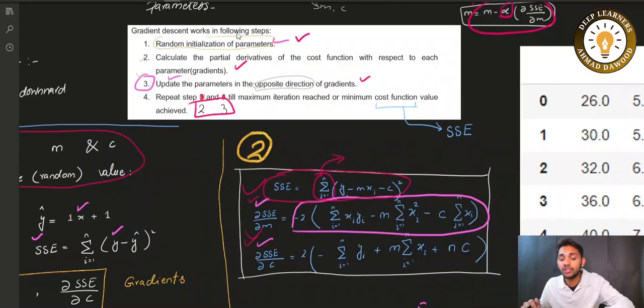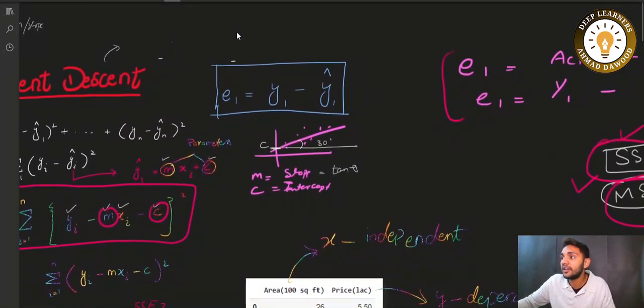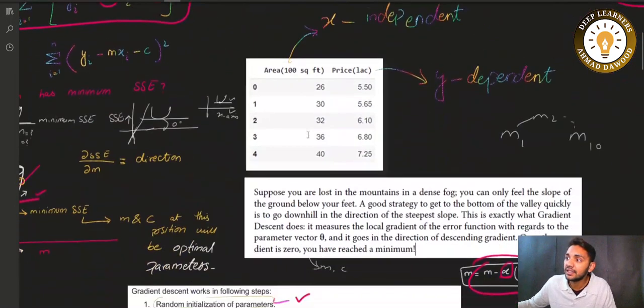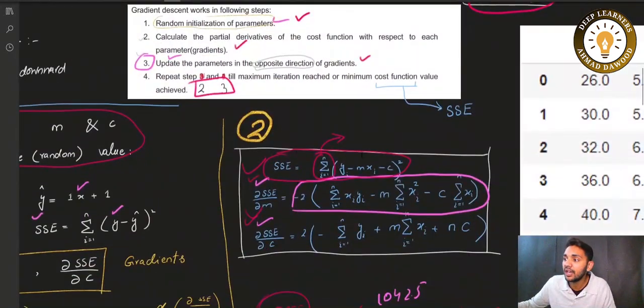But what stochastic gradient descent tells us is to just use one sample in one iteration.